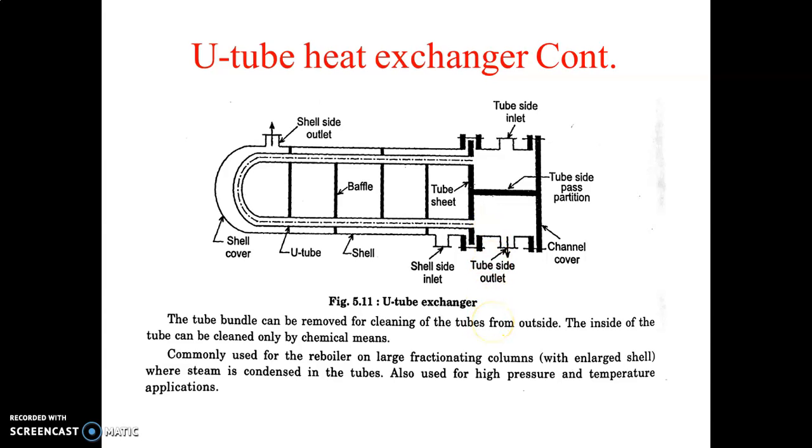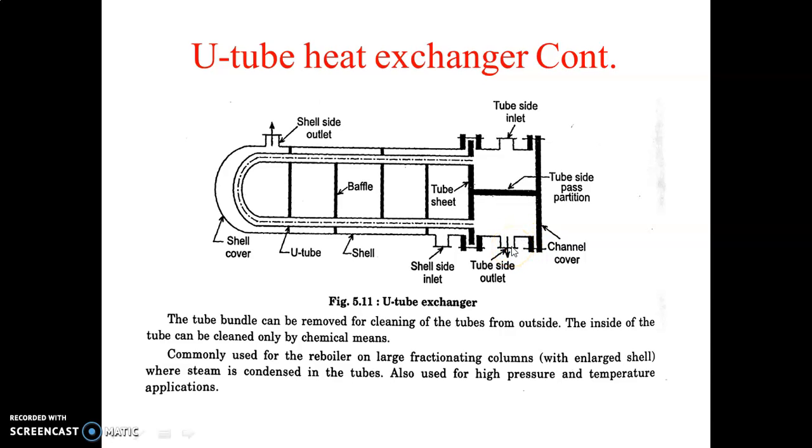In this heat exchanger, the tube side fluid passes through the channel, then through one arm of the U-shaped tube, and travels to the other end through the bend, and it is removed from the outlet provided at the channel side.